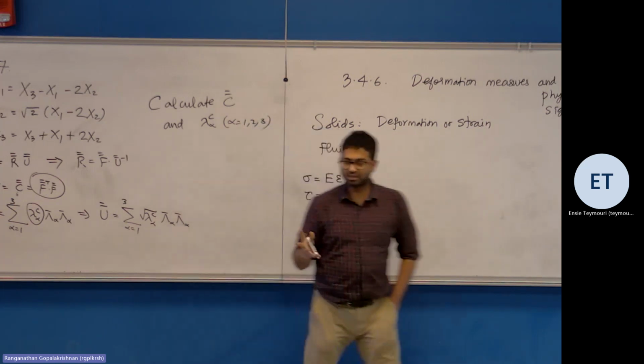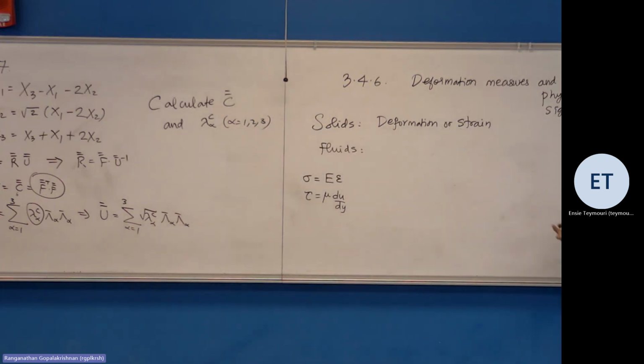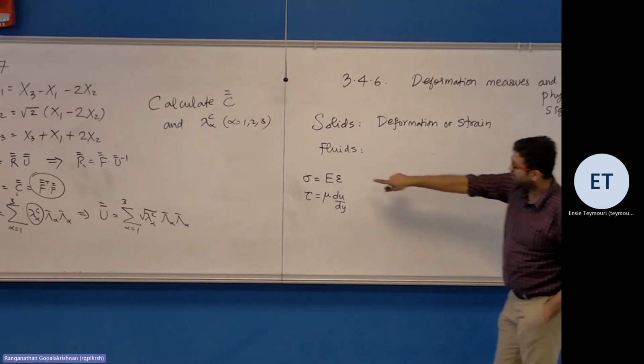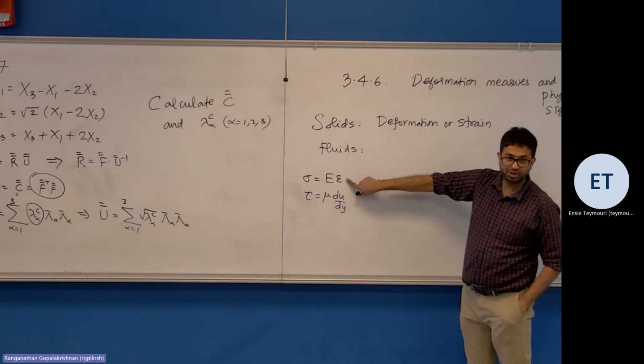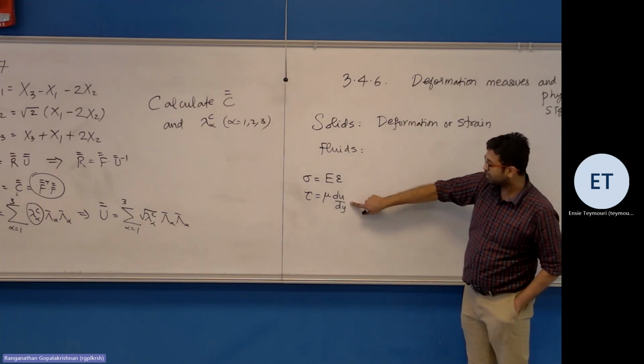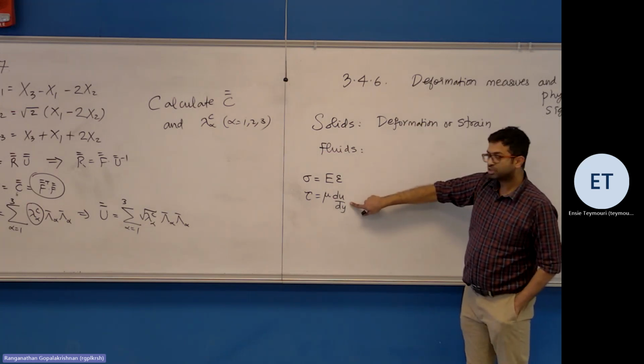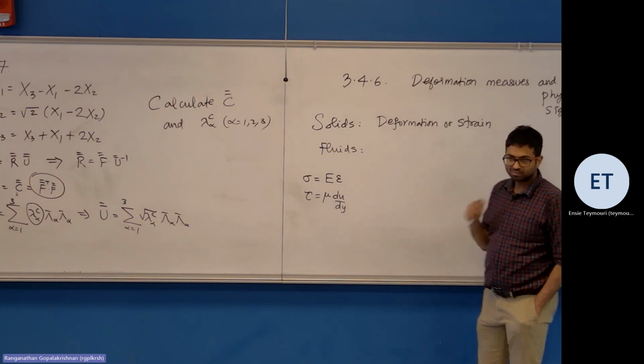I'm sure you have seen this in some form in your prior courses on fluid and solid mechanics. What is the difference between this equation, which describes the elastic deformation of a solid, and this equation, which describes the shear stress in a fluid?